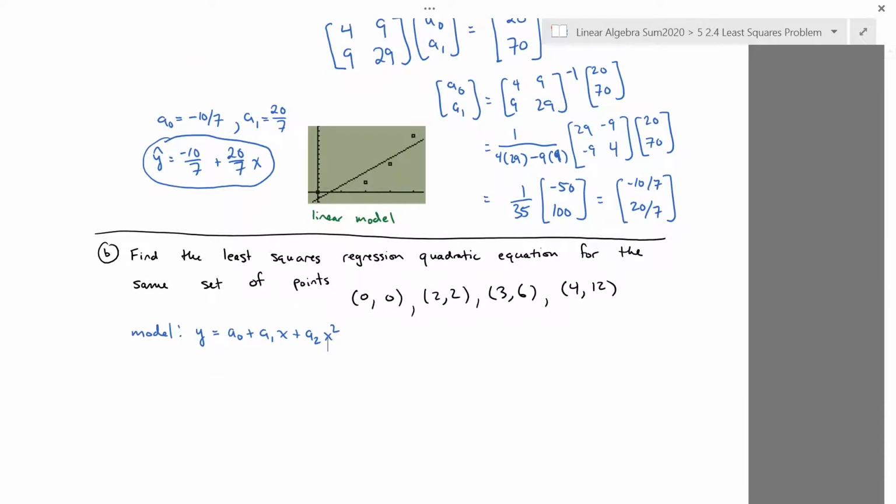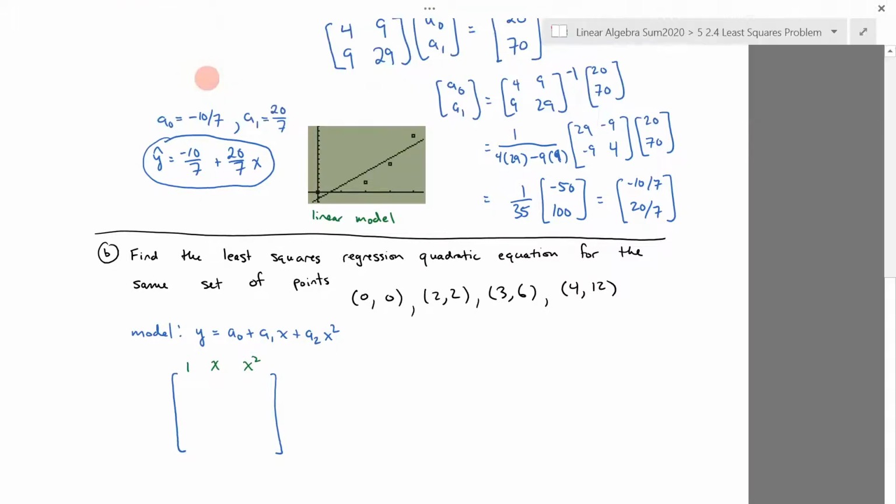So we'll have a 4x3 matrix because there are 4 points, and the first column is going to be all 1s because the coefficient of A0 is 1. The second column is the coefficient of A1, which are the x values, and then the coefficient of A2 are the x squared values.